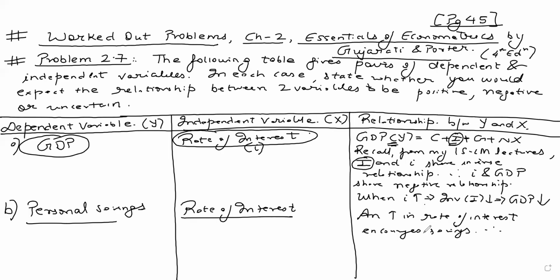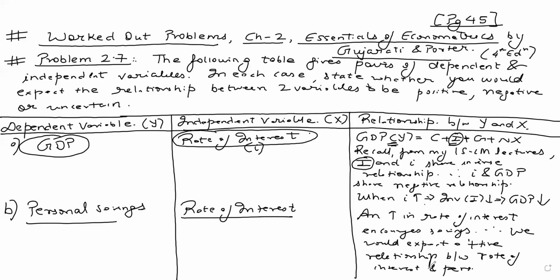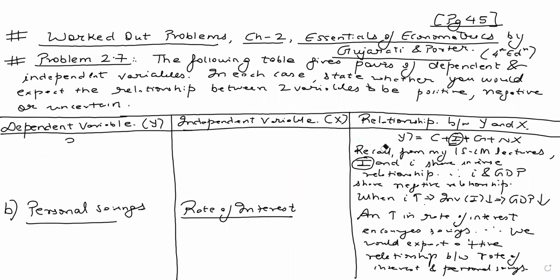So I can say, therefore, we would expect a positive relationship between the rate of interest and personal savings. We would expect the relationship between these two to be positive. Okay, so I hope part B is clear. Erasing the initial part, I can do part C on the top.